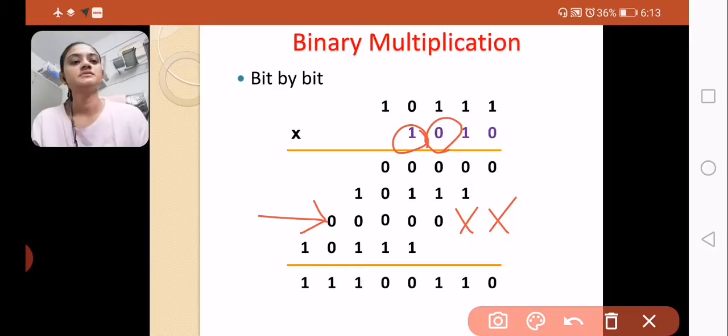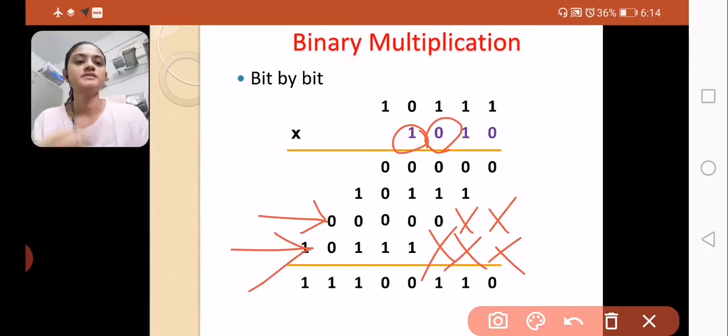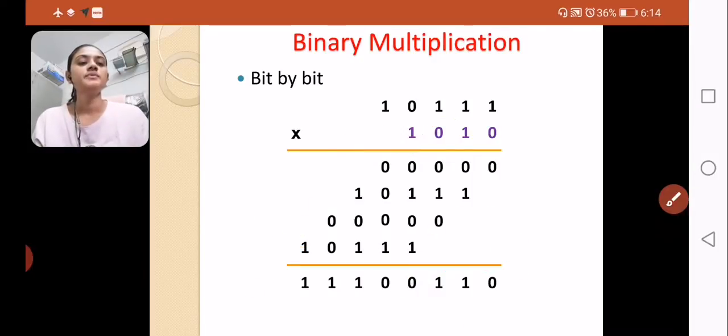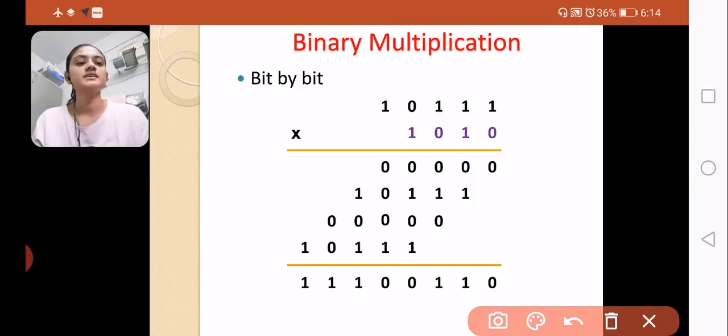Fourth bit, put 3 spaces here and put the first number as it is. If the next bit is given, then again put 4 spaces and so on. Okay, you have to put all of this in this position manner only, don't change this position.